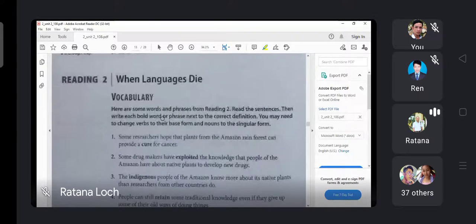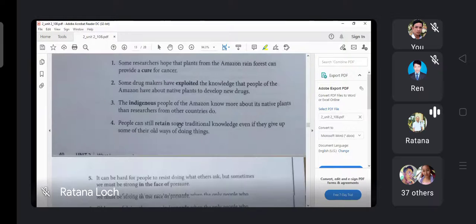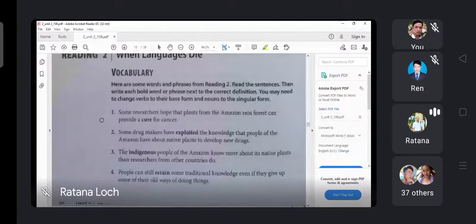Okay, when languages die. So we look at the vocabulary words. Okay, look at here. Has any one of you read this about the vocabulary?